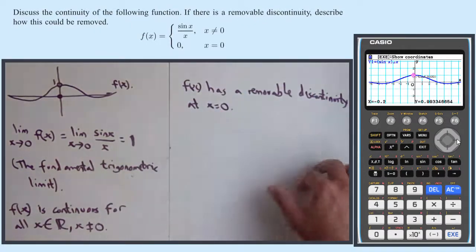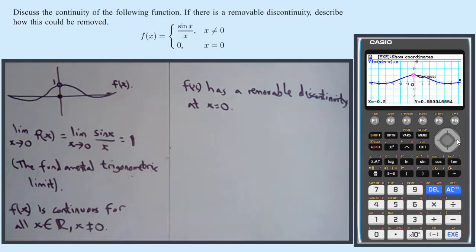Remember, we know it's removable because the limit of f of x as x approaches 0 does exist. If it didn't exist, this would be an essential discontinuity. So we have been asked, if there is a removable discontinuity, which there is, describe how this can be removed.